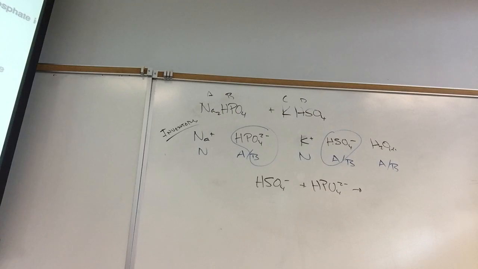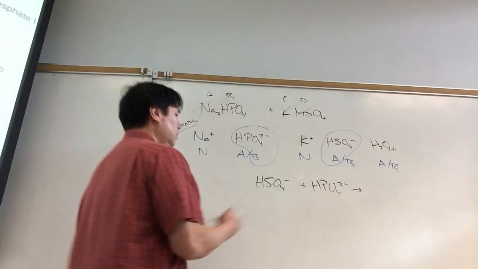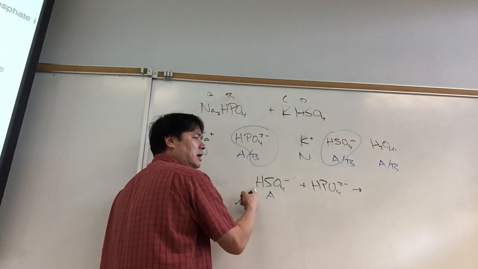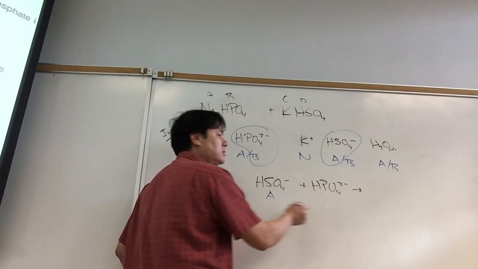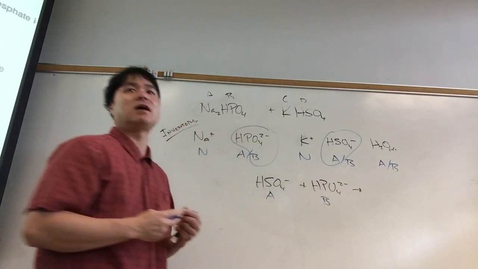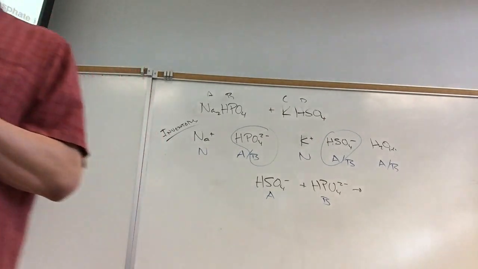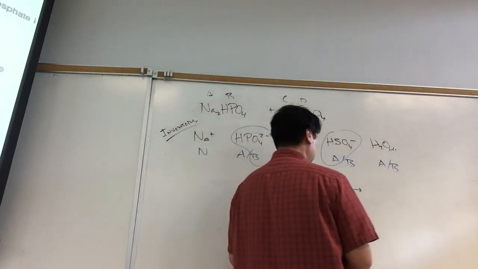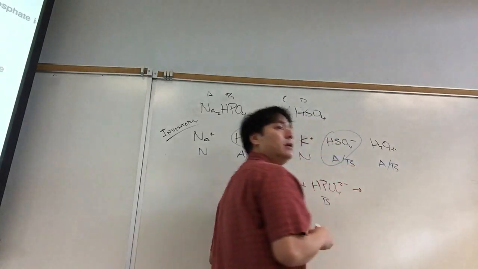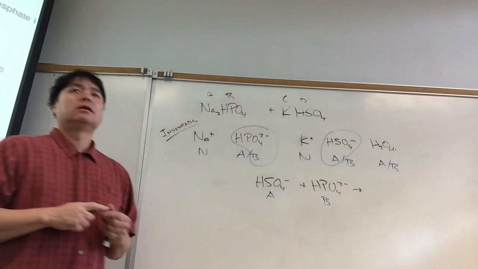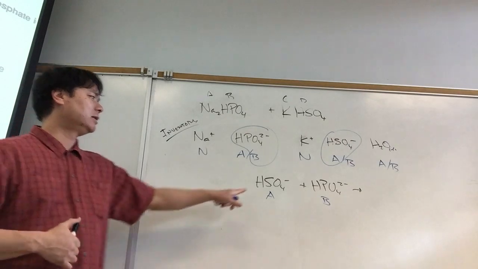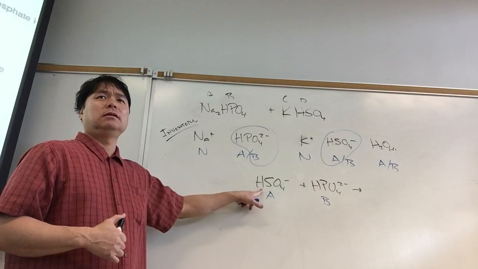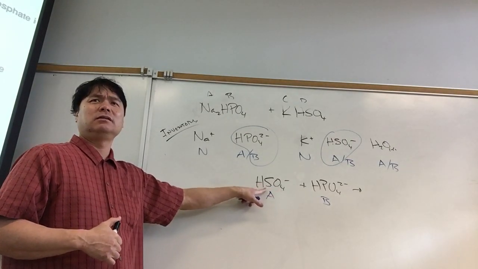We don't make sulfuric acid. We could if this was acting as a base, but it's not acting as the base. This is acting as the acid, and this is the base that defines how the reaction goes. What are we going to make? Well, the acid gains or loses?